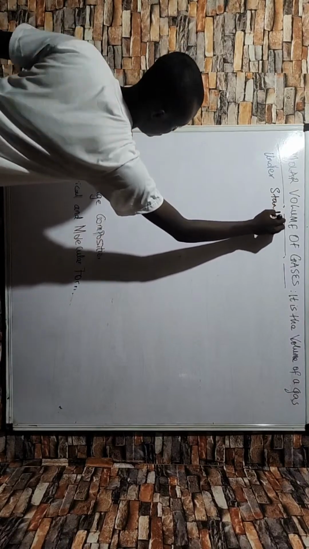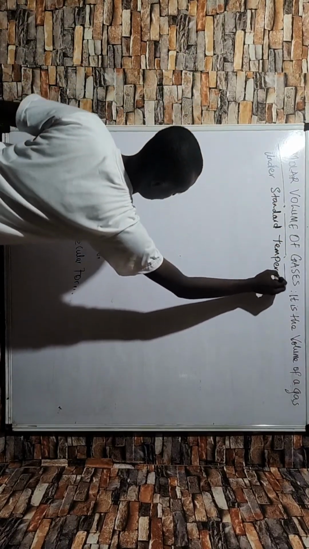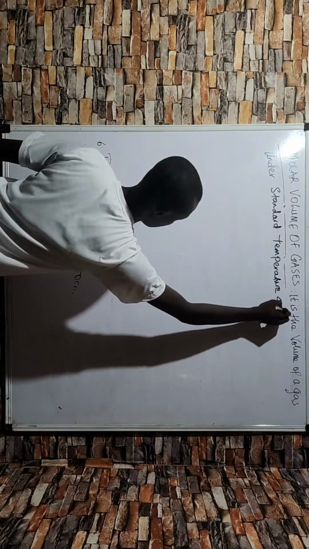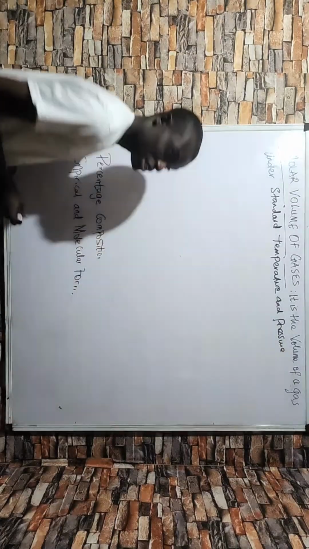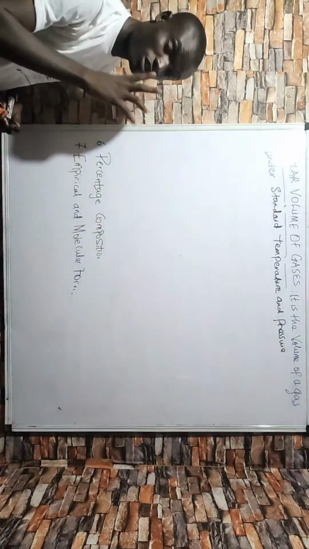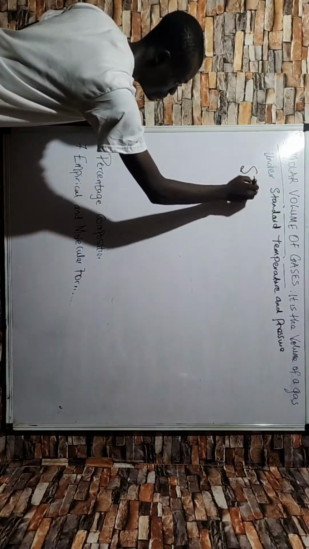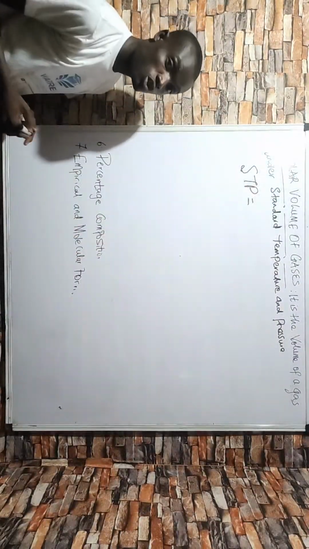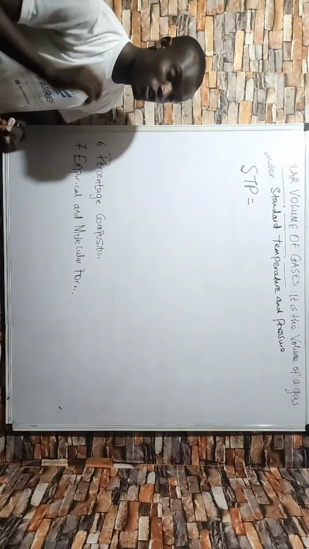Like I said in one of our videos, standard temperature and pressure is what we refer to as STP. Under STP, 1 mole of every gas will occupy a volume of 22.4 dm3.